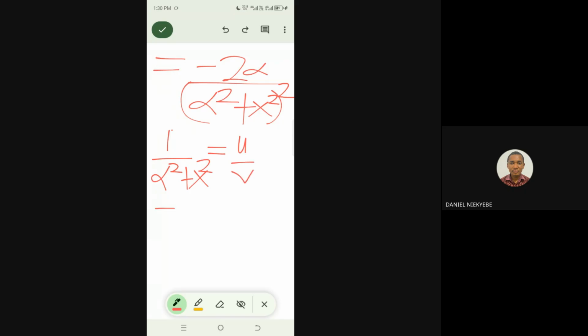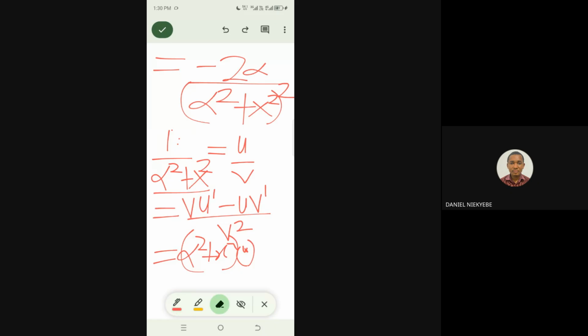With quotient rule, we are saying that this is the same as this. So if you want to differentiate, it should be v u prime minus u v prime over v squared. So our v is the entire alpha squared plus x squared. And differentiate our u, we are getting 0.